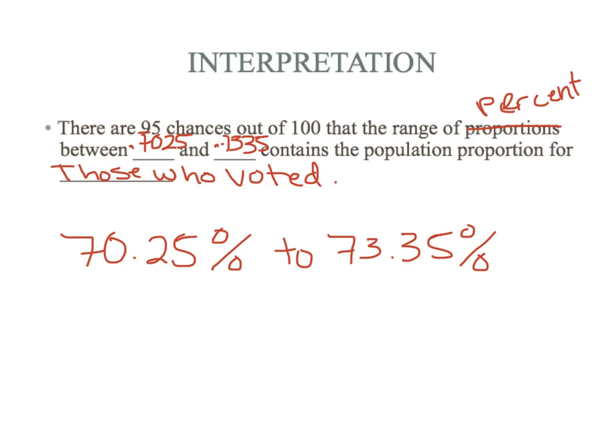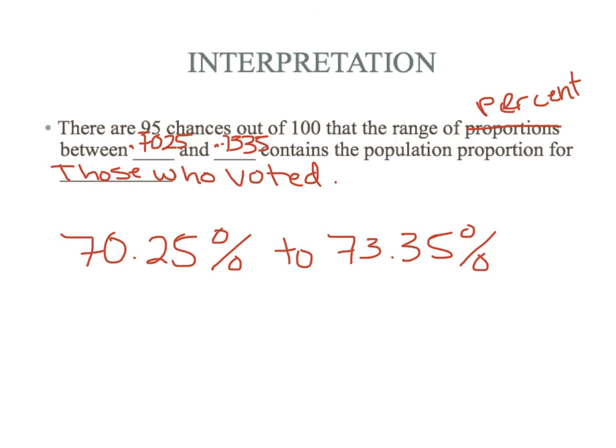And if you'll recall, our original number was 71.8%. So not a bad margin of error. It's really only plus or minus 0.0155. So 1.5%, either direction of the proportion.